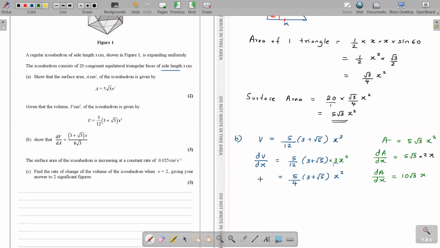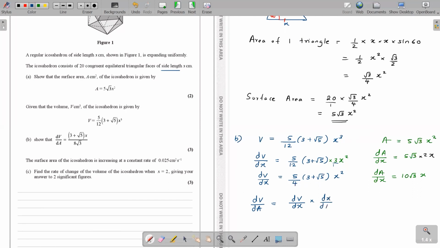So this is dV by dx, and the other one, dA by dx, I found. But I want to find dV by dA. So we'll use the chain rule here. dV by dA, how do we break it? dV by dx into dx over dA.